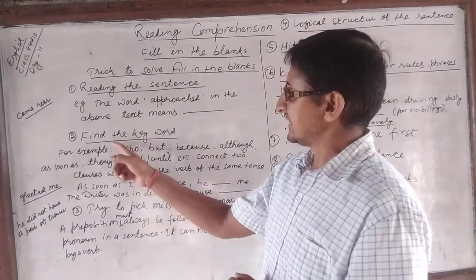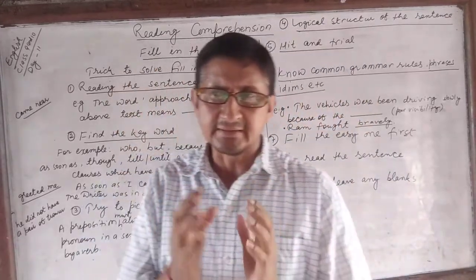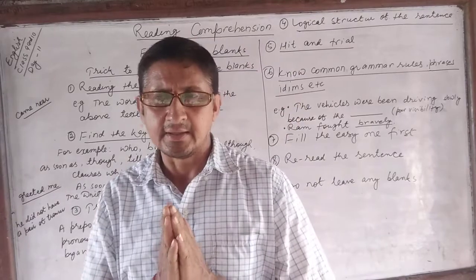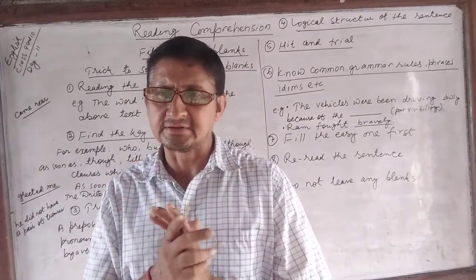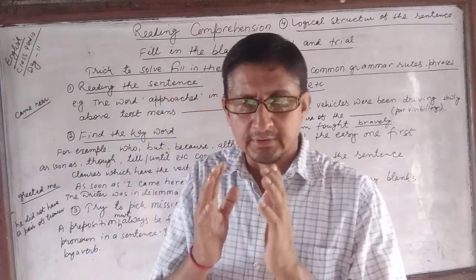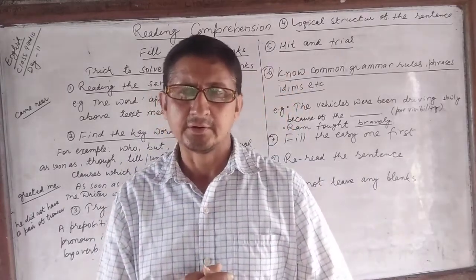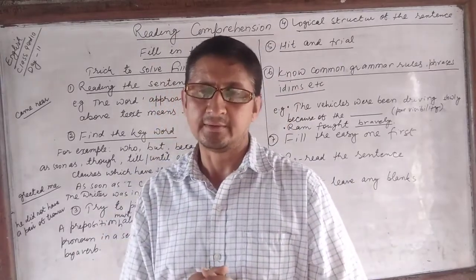The second trick is to find the keywords. Find the keywords in the sentence, as these words are the main indicators of what exactly should come into the blank, which completes the sentence in a meaningful way.